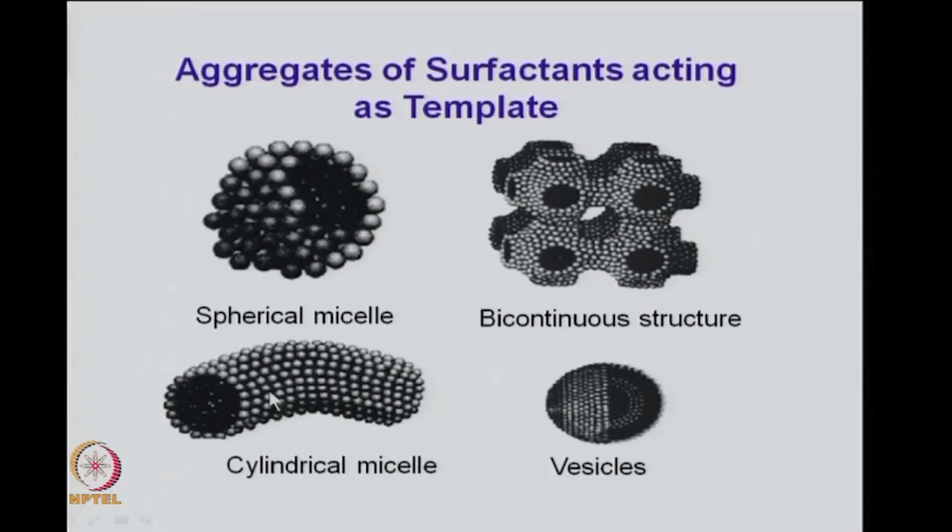Now, you can choose a wide variety of surfactants, so there is a lot of choice in how to control the diameter of this cylinder, the length of the cylinder, and the diameter of this spherical micelle, etc. Surfactants are a very rich source of templates if you can make them aggregate the way you want, because ultimately you have to remove this template and the remaining structure should be the final structure that you want, with your material left behind.